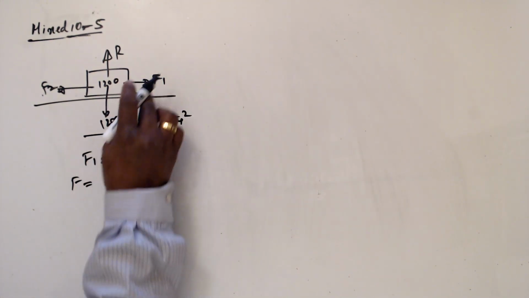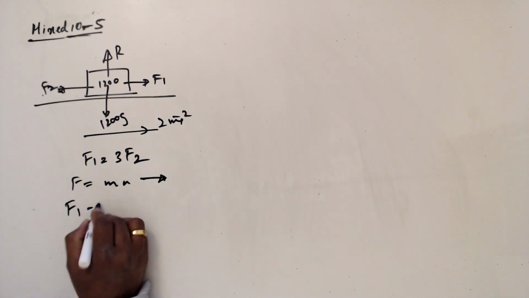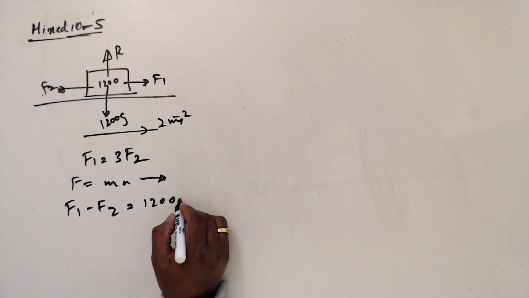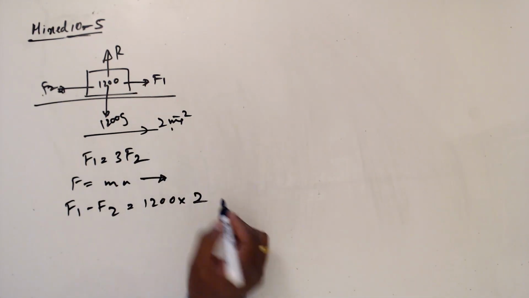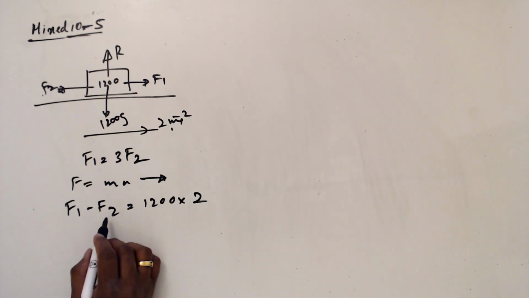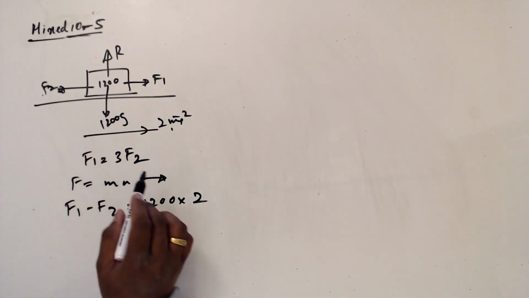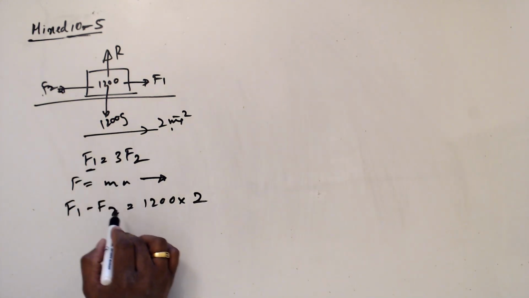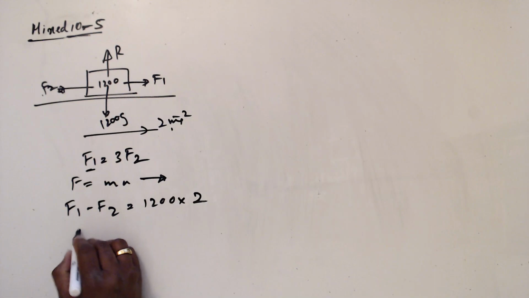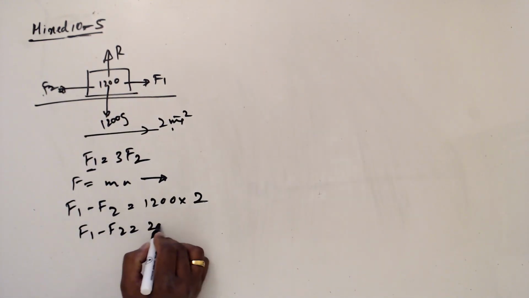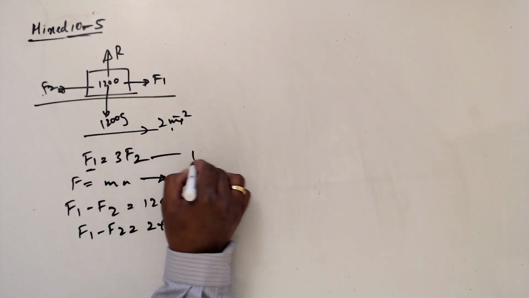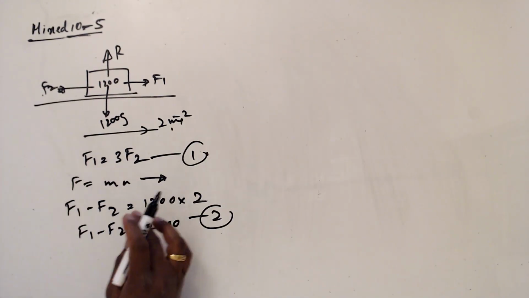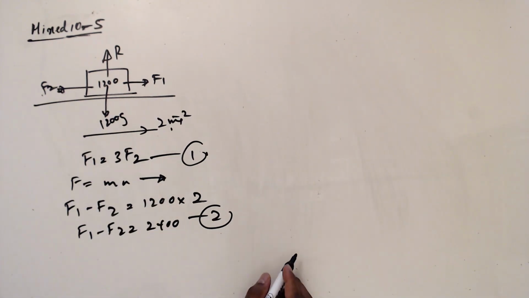So we can see the two forces, F1 minus F2 equals m, which is 1200, times a, which is given as 2. F1 minus F2 equals 2400. So this is equation 1 and this is equation 2. Two equations, two unknowns, we can solve and find.